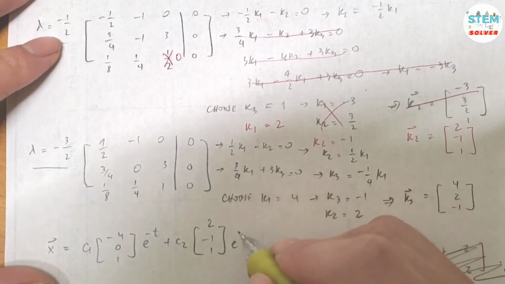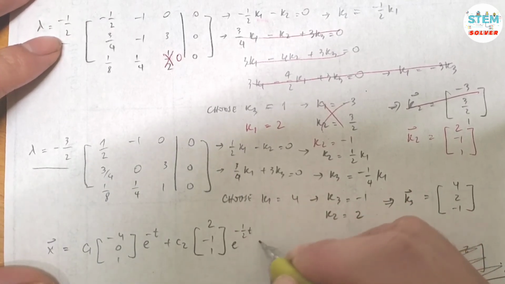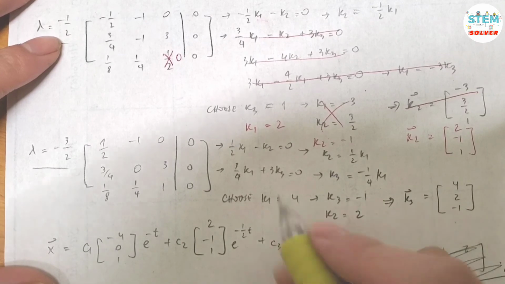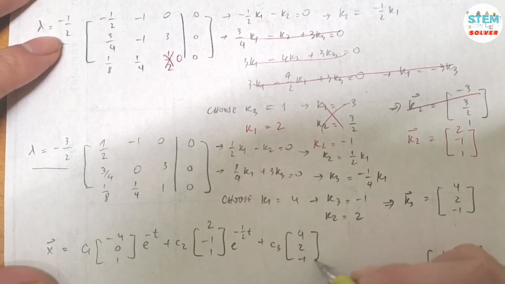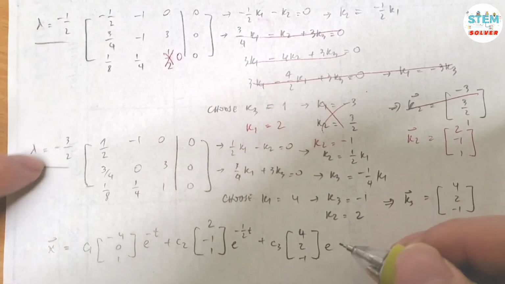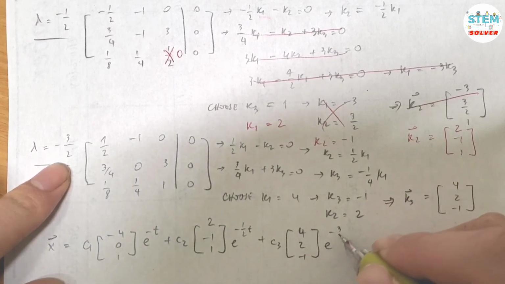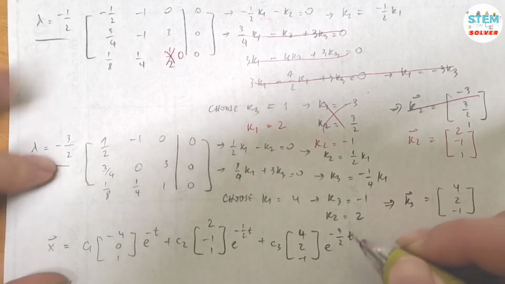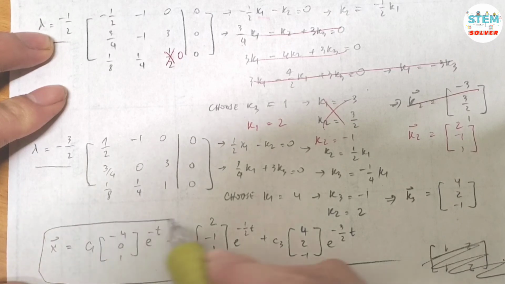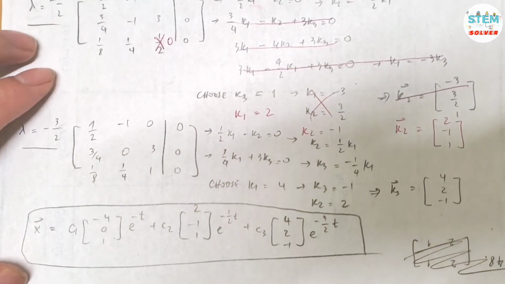Lambda 2 is negative 1/2, so you have e to the negative 1/2 t, plus c3 k3, which is this, e to the lambda 3 t, which is e to the negative 3/2 t. Okay, so here is your final answer.